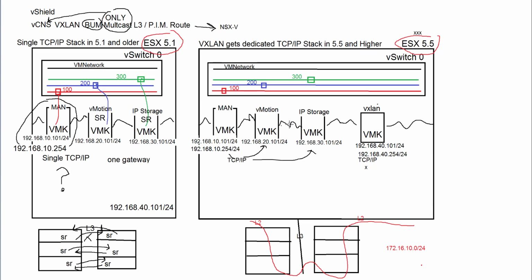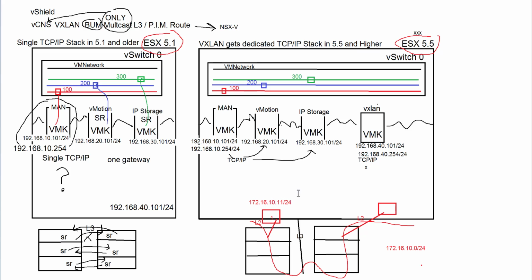So if you can imagine a VM plugged in over here and a VM plugged in over here, and each one of these VMs is plugged into the same layer 2 network on each side of a layer 3. So this VM number 1 right here can actually have an IP address of 172.16.10.11/24.